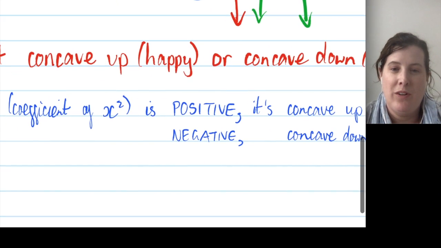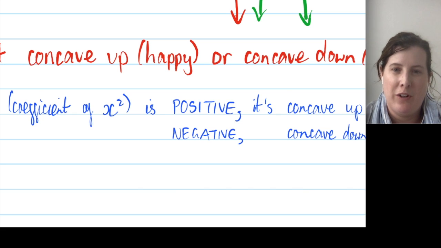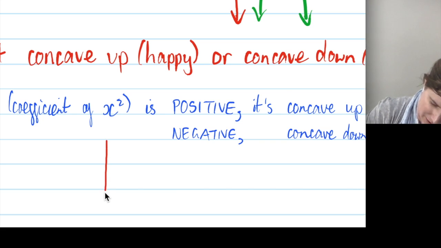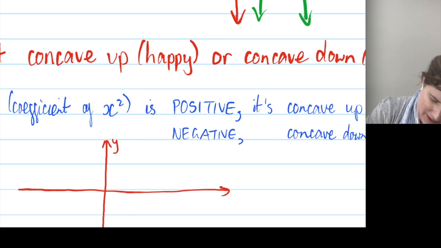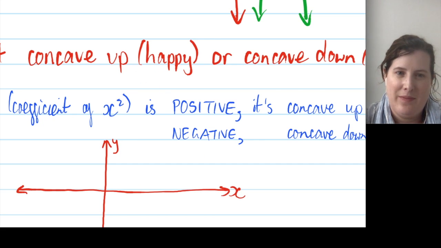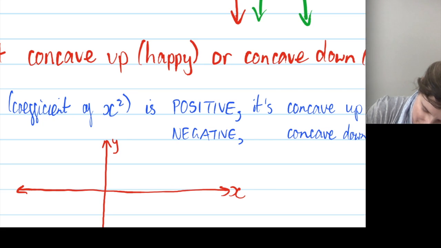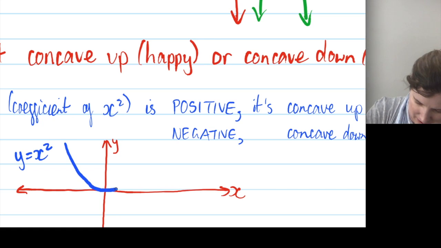So I'm going to draw the super generic form of a quadratic for you. If I have my y-axis and my x-axis, then y equals positive x squared is just going like that.